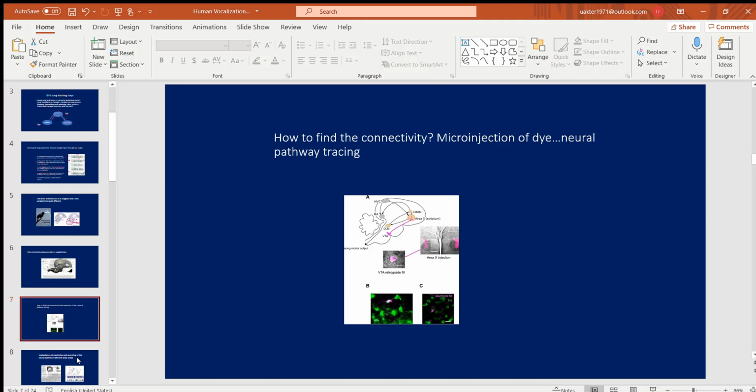If you inject the dye in one structure and then dissect the brain and find the pathway of that dye, that would give you information on how that area is connected to other areas, right? So that is one way, and you can illuminate the dye-stained cells and fibers. There are many different ways we can do that.